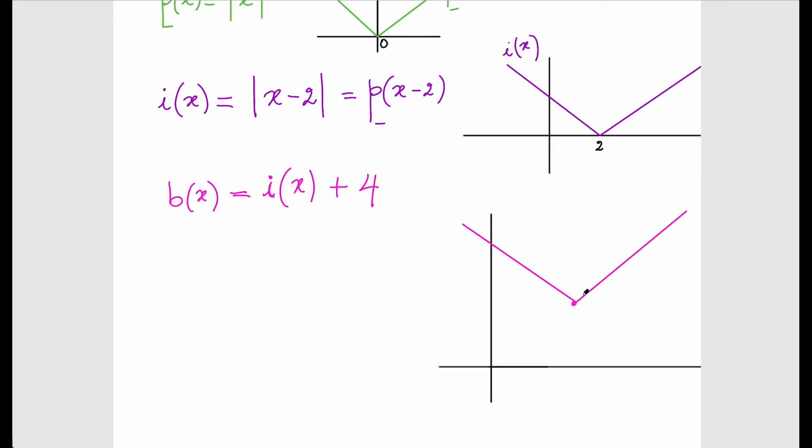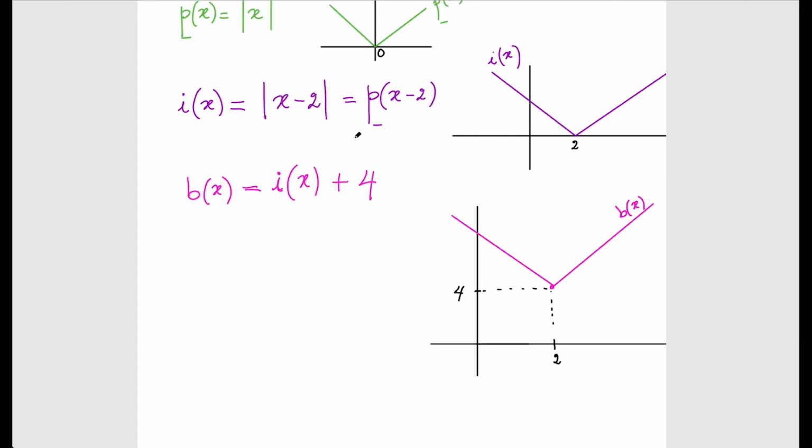So what's this point? It used to have an x coordinate 2, so still 2, right? But now we shifted it up by 4, so that height is gonna be 4. So what's this point? That's the point 2 comma 4, right? Okay. And this is the final product B of x, the desired one.